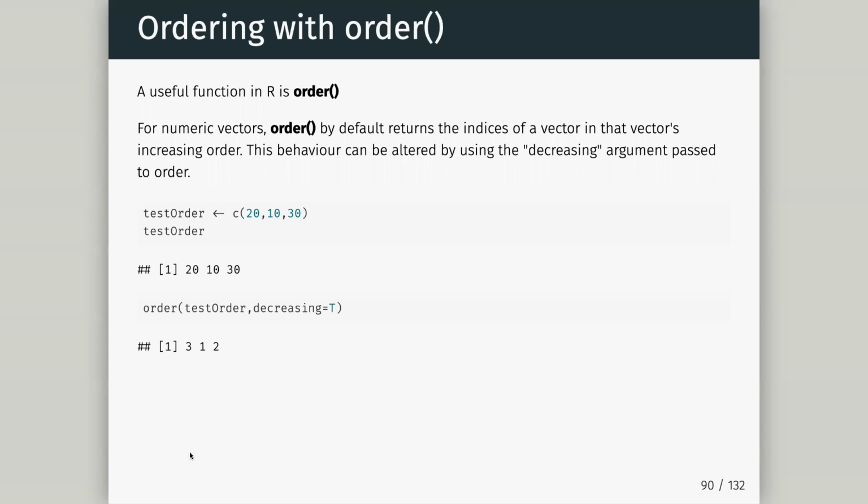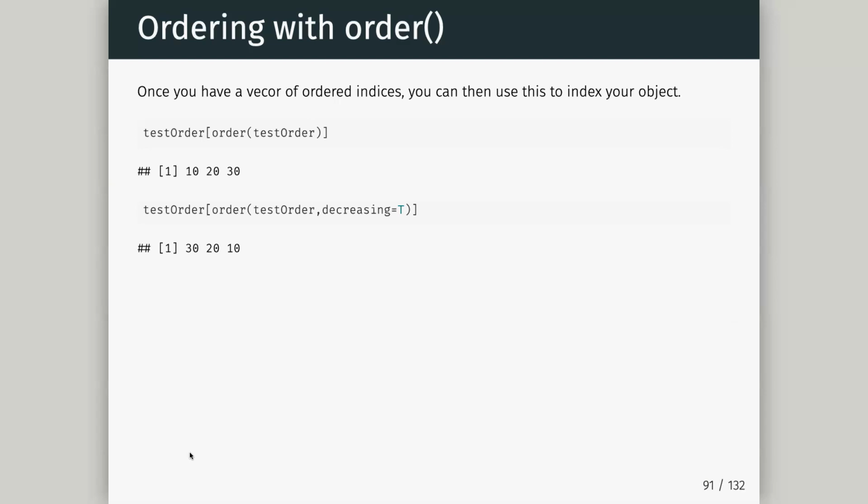If I pass that vector to the order function and say decreasing equals true, it tells me the third index is the biggest, then the first is the second biggest, and the second is the smallest. If I change this to decreasing equals false, we go the other way. This is really useful when we want to reorder things like tables or data frames.